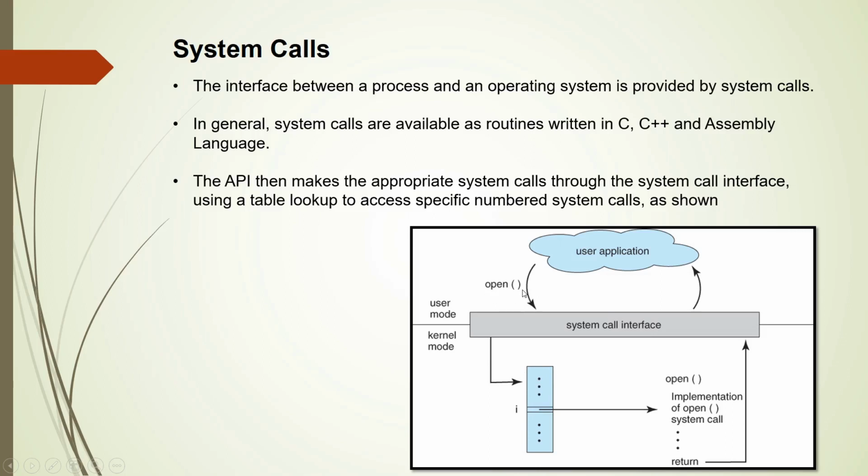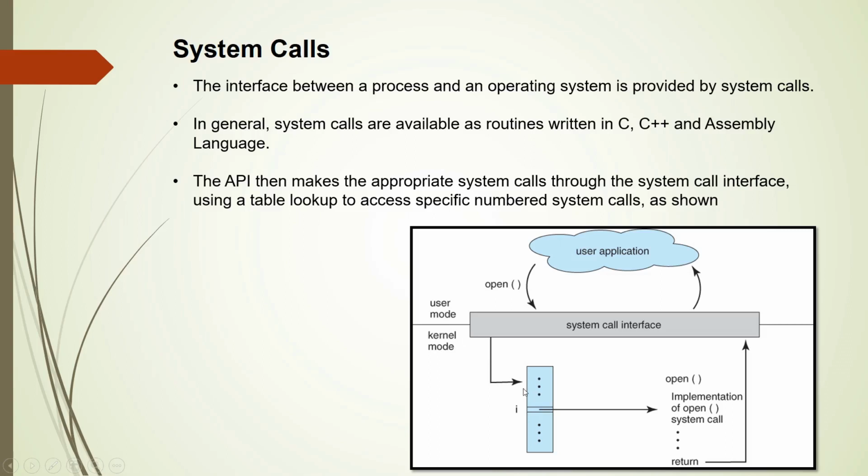So for example, for the open API there will be some number i in the table, and for that there will be a system call. So it will execute the system call against this open function, which is a part of the API. The system call interface is actually in kernel mode.